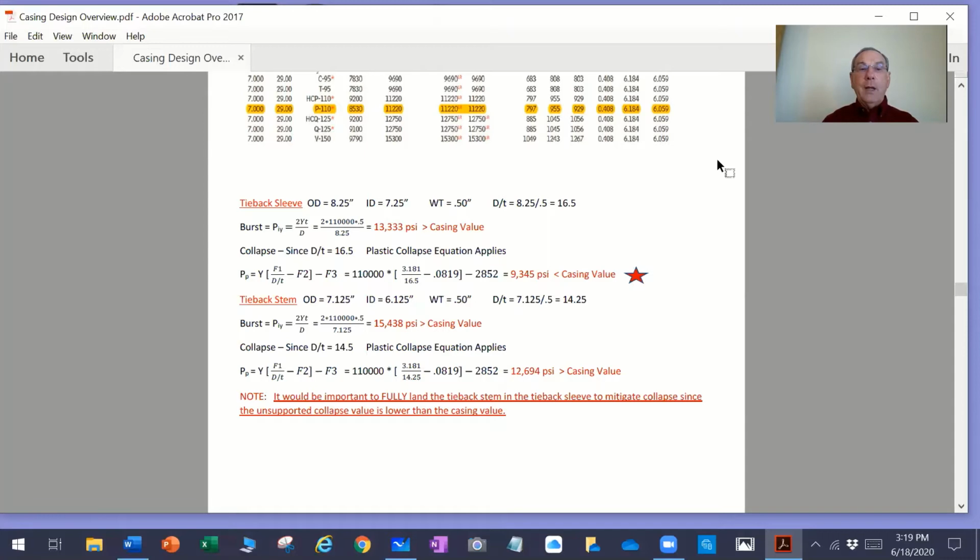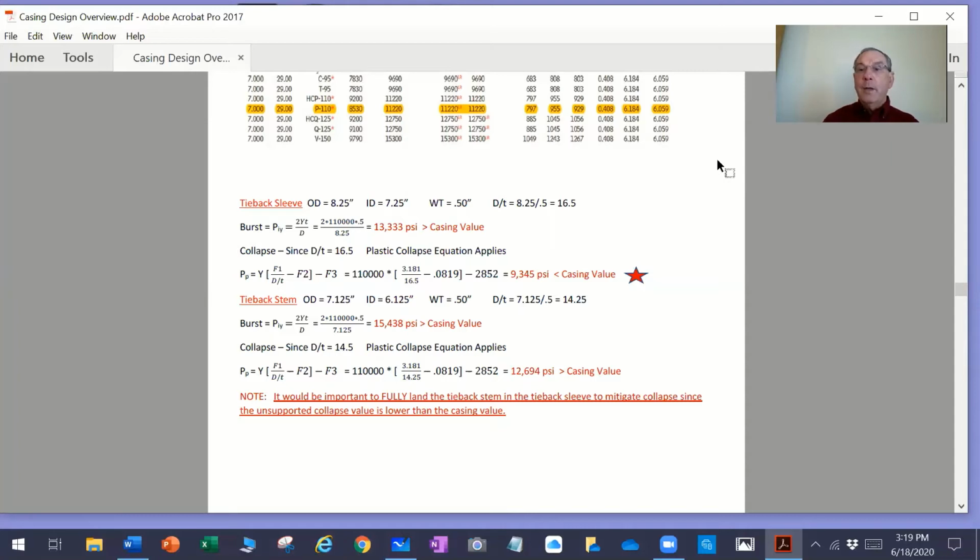If we look that up, we'll see which equation to use for collapse. But first we can calculate burst. The burst is 2 yield T over D. We're not going to downrate it for the 0.875 because it's a very pristine manufactured product that you can caliper and see that it's a 1/2 inch thick.